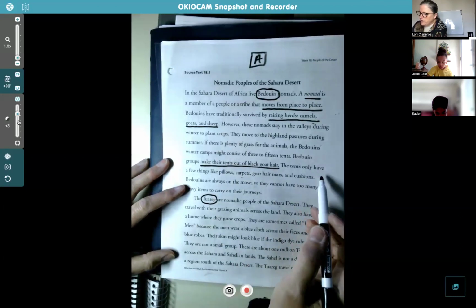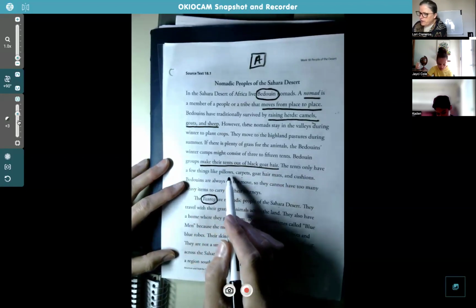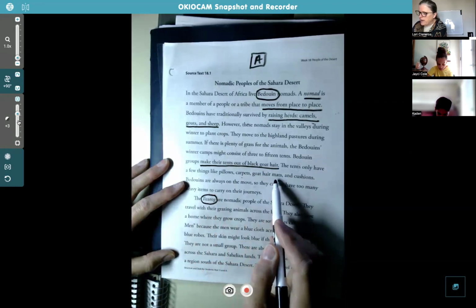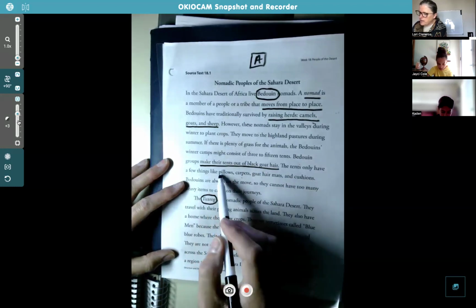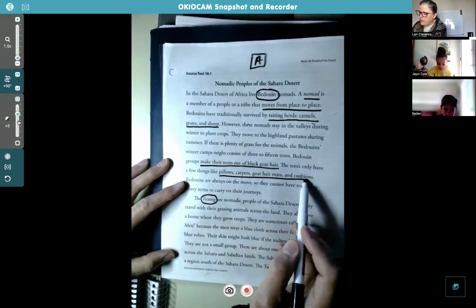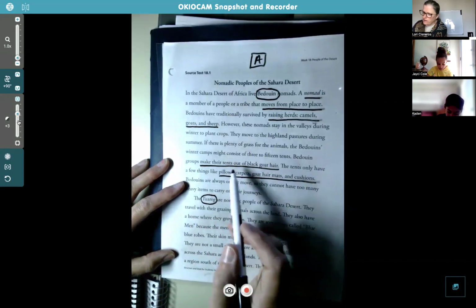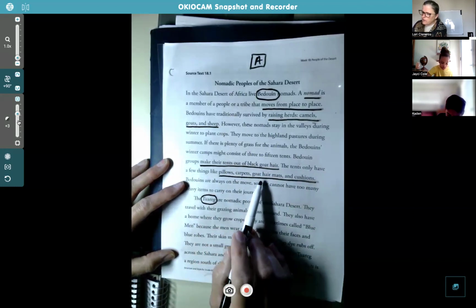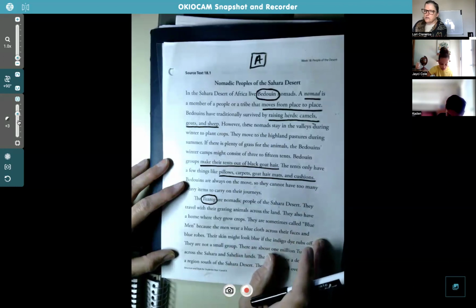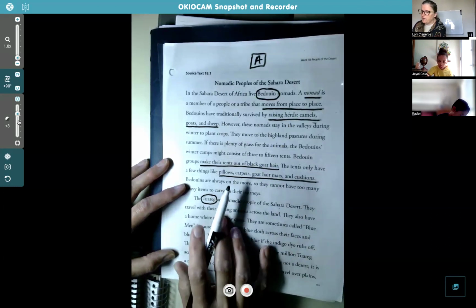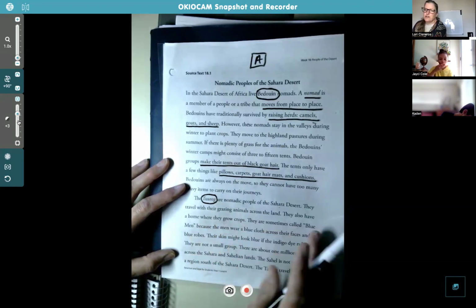The tents only have a few things like pillows, carpets, and goat hair mats and cushions. I think that's interesting because that's all they have. I'm going to underline pillows, carpets, goat hair mats, and cushions. They don't have a bed, a dresser, a refrigerator, a microwave. They don't have the stuff that we do in our homes. They just have pillows, carpets, mats, and cushions.